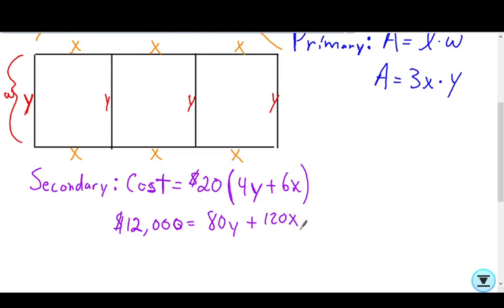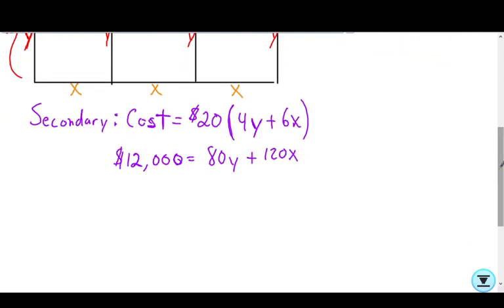You can solve for either x or y, but I'm used to dealing with x's, so I'm going to solve for y. When you solve for y, you move the 120x over and divide by 80, so it's 12,000 minus 120x over 80, and when you simplify, you get 150 minus 3 halves x.